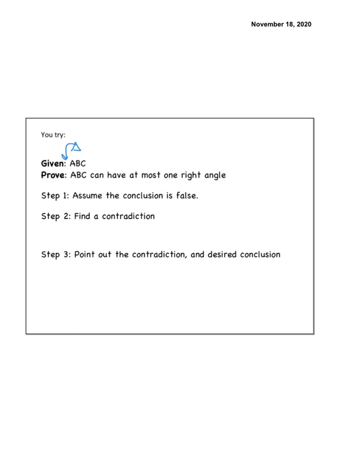Okay, assume the conclusion is false. So let's assume triangle ABC. Again, the opposite of at most one right angle is more than one right angle. So suppose triangle ABC has, let's say, two right angles.